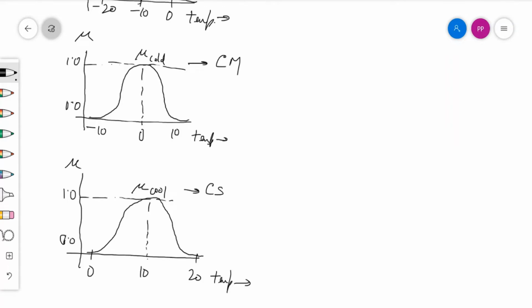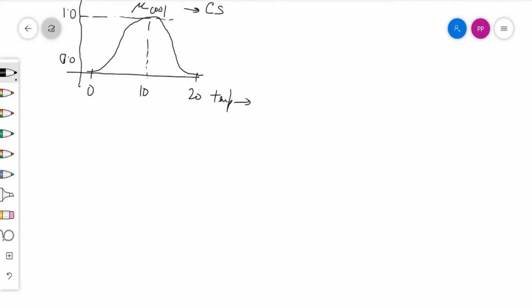Next I go for the temperature range of 5 degrees Celsius to 30 degrees Celsius.